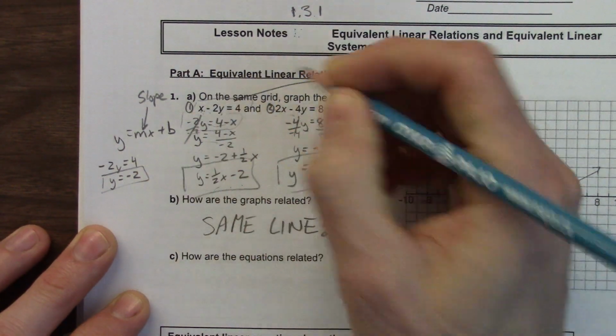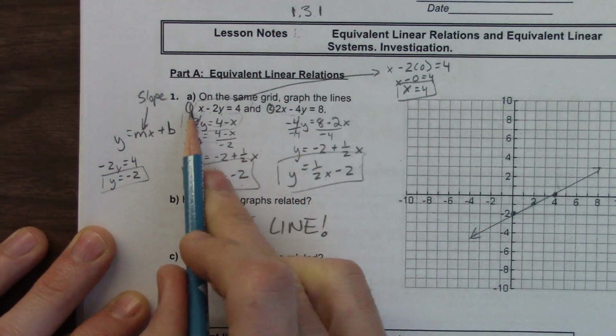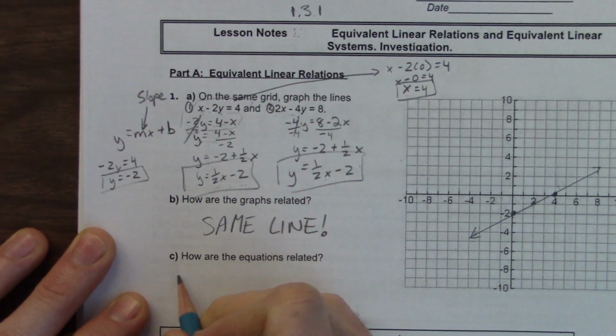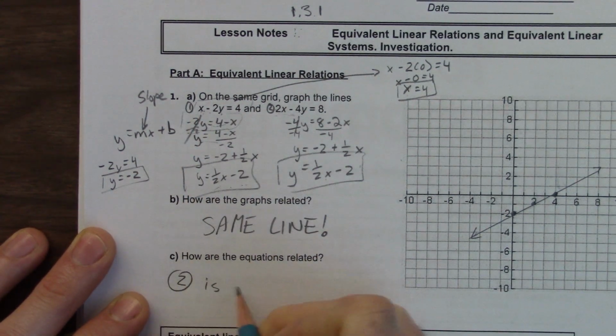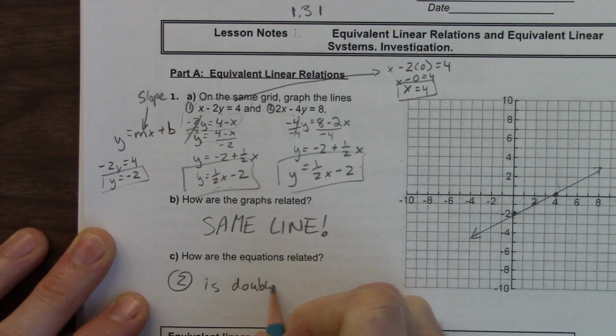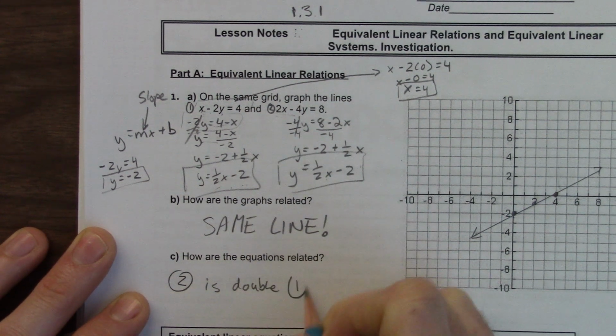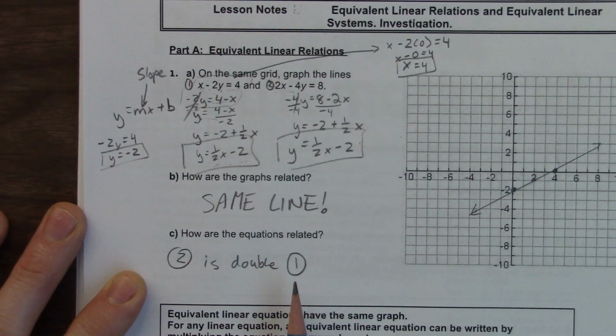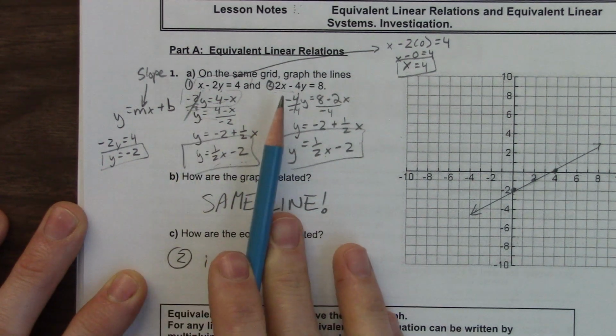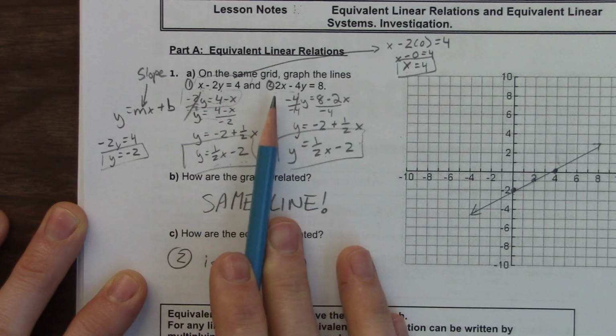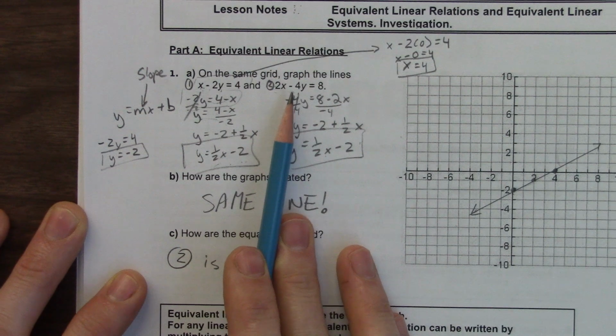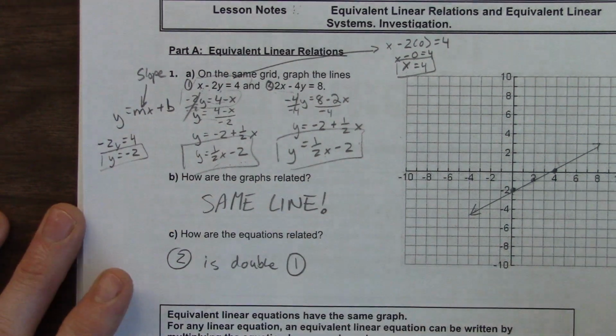Right, so one way of saying that then is if I label them equation 1 and equation 2, I could say equation 2 is double equation 1. Does that make sense? 2 is double 1, right? We multiply the first one by 2, we get this. Does that make sense? Okay.